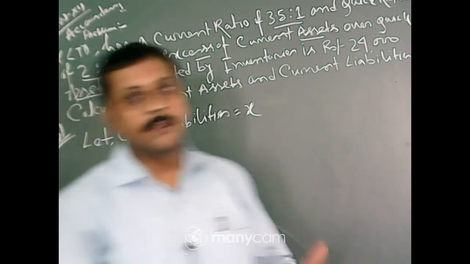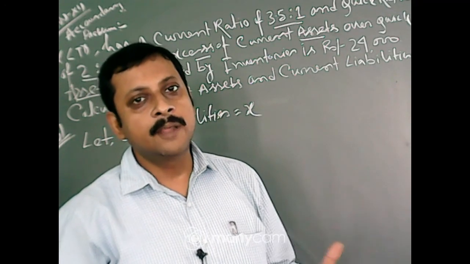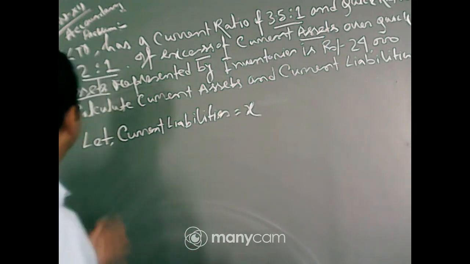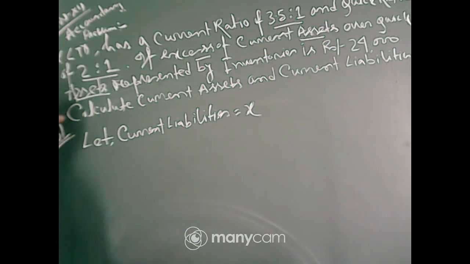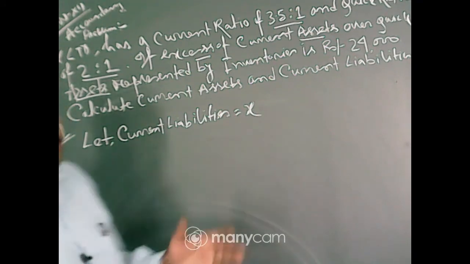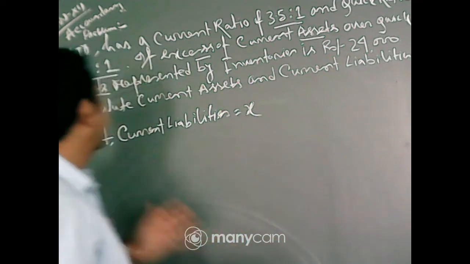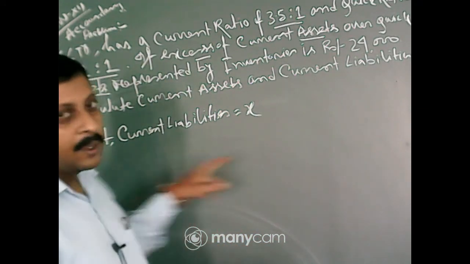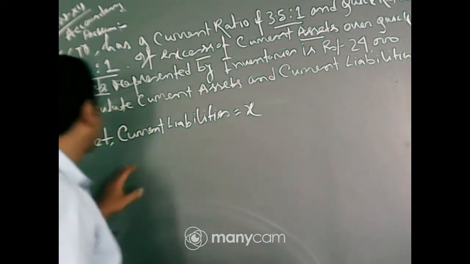Because in both current ratio and quick ratio, current liabilities is the common thing. In case of current ratio we use current asset, in case of quick ratio we use quick asset. So the common thing is current liabilities, assume it is equal to X.